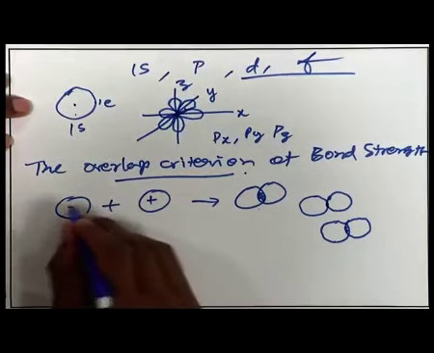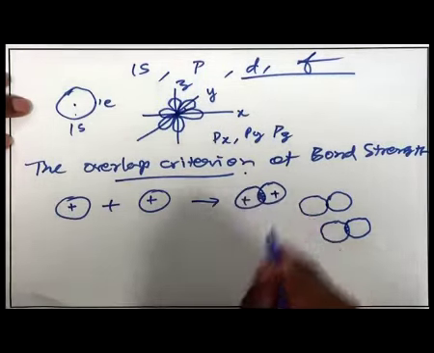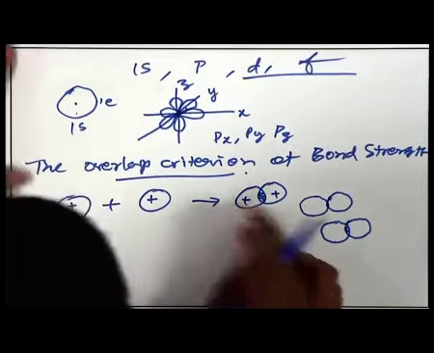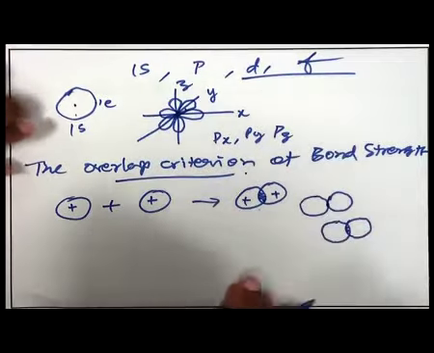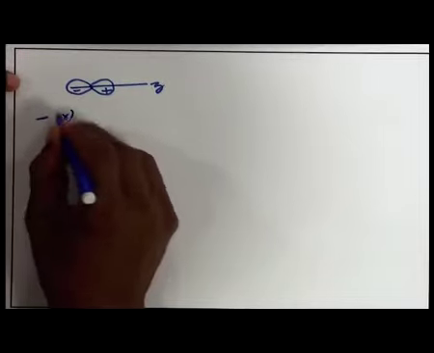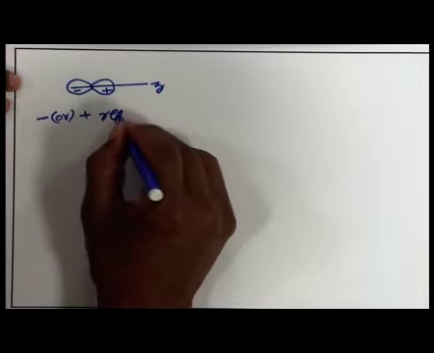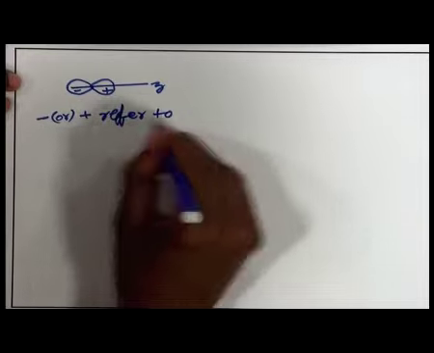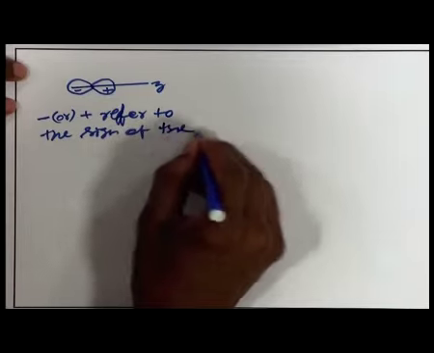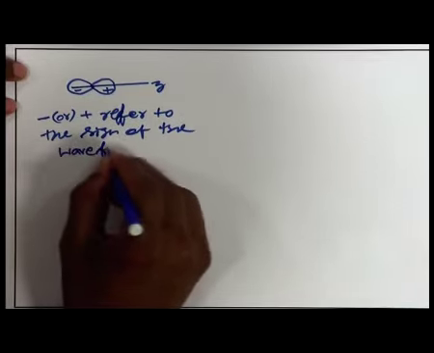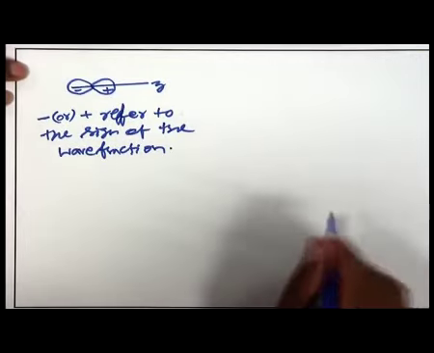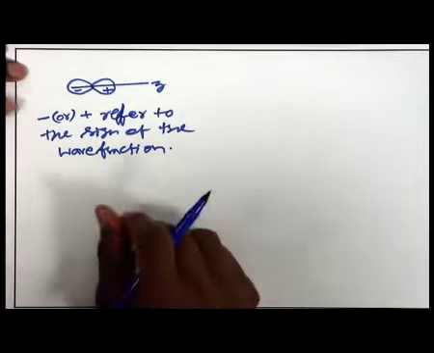The negative or positive symbol refers to the sign of the wave function. What is a wave function? That we are not going to see here now, you will be studying it in higher classes. So, for the time being you keep it.